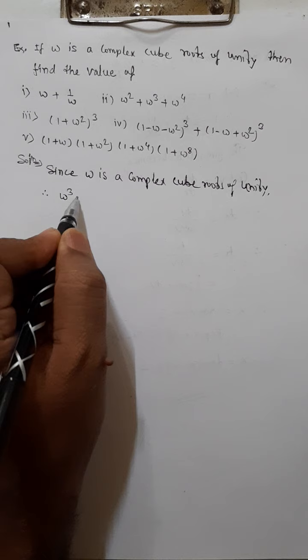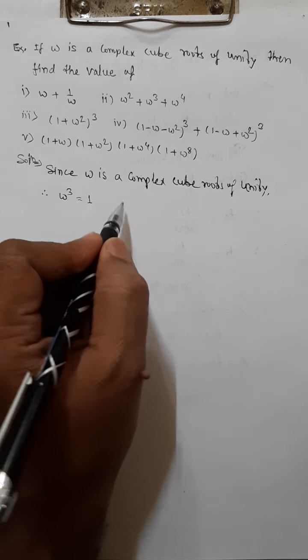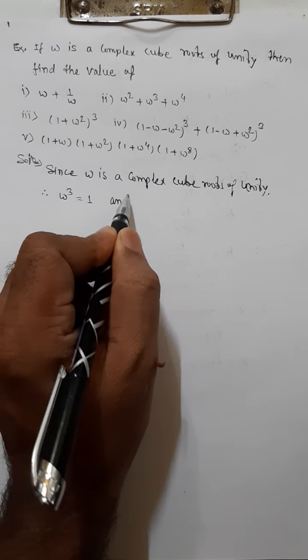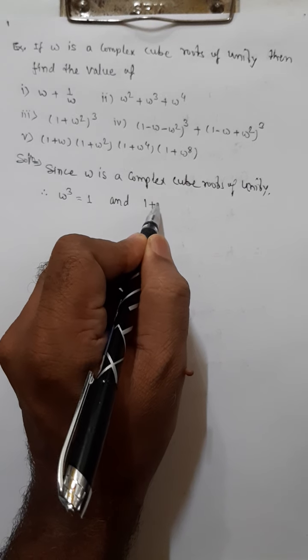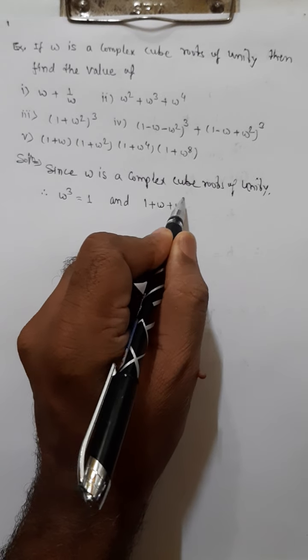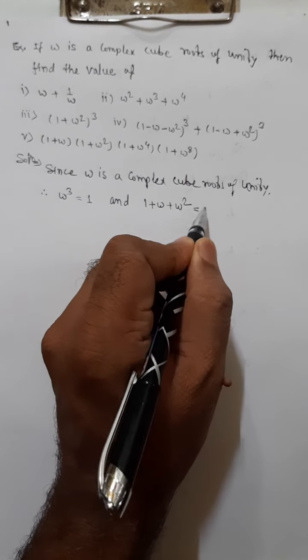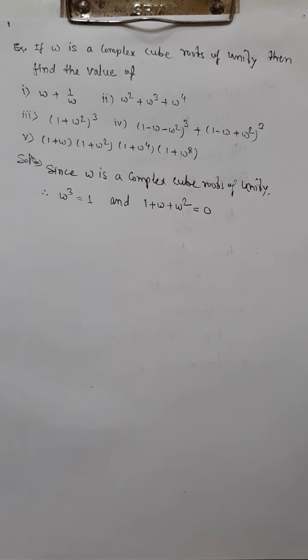First result is always value of omega cube equal to 1, and second result is 1 plus omega square equal to 0. So we can take these two results. Omega cube equal to 1 and 1 plus omega square is equal to 0.